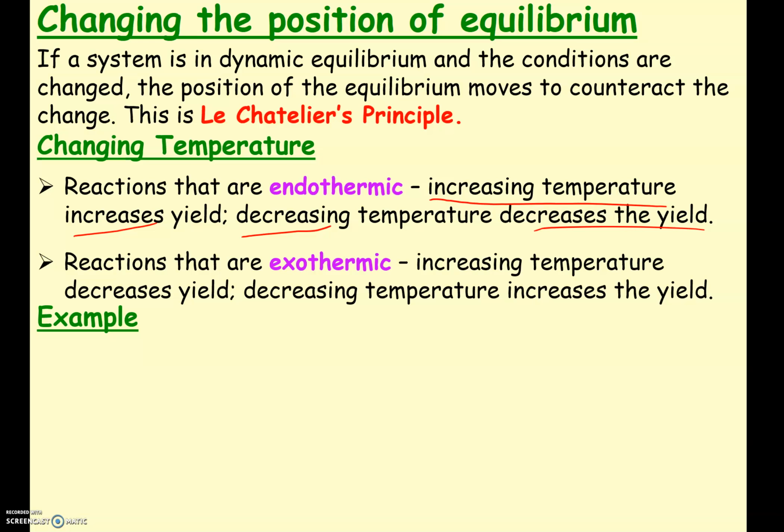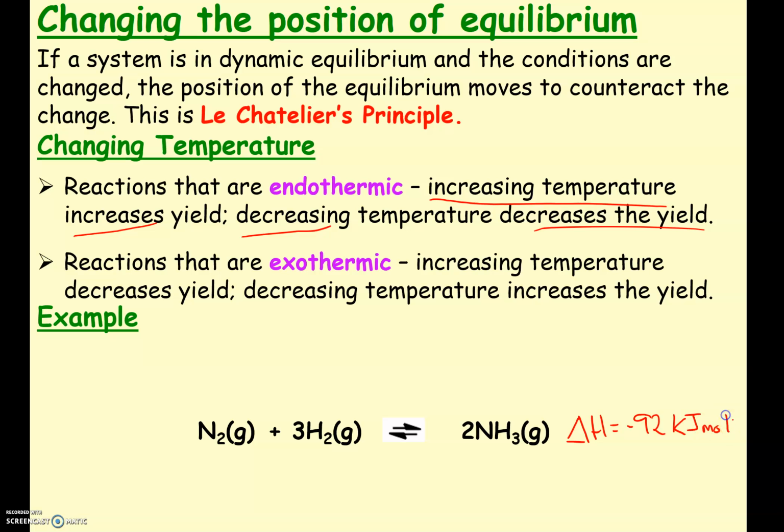Looking at an example, this is the production of ammonia through the Haber process, something which we will be looking at in greater detail. For this, we're going to look specifically at the effect of temperature for the moment. Your delta H figure for this reaction is minus 92 kilojoules per mole.